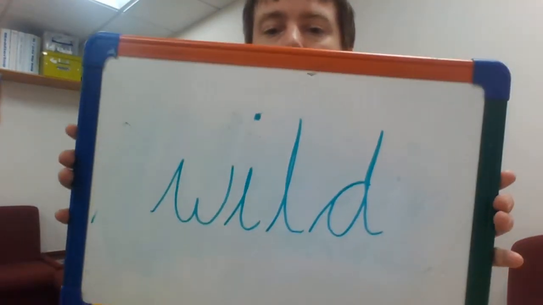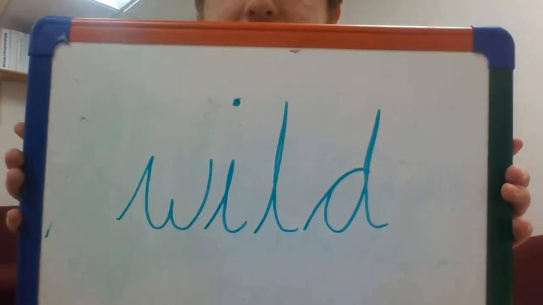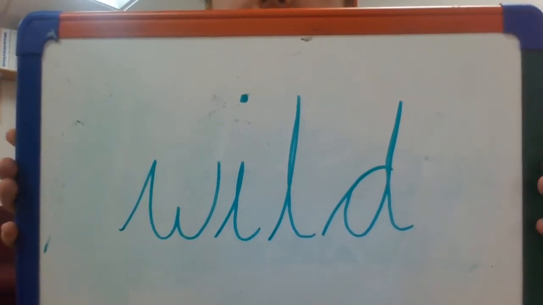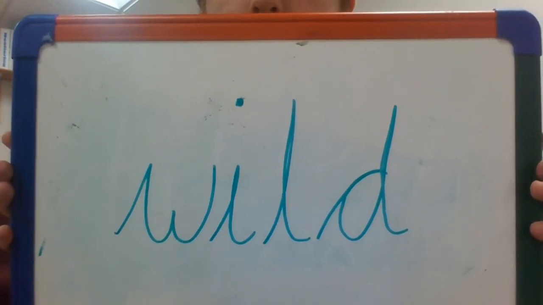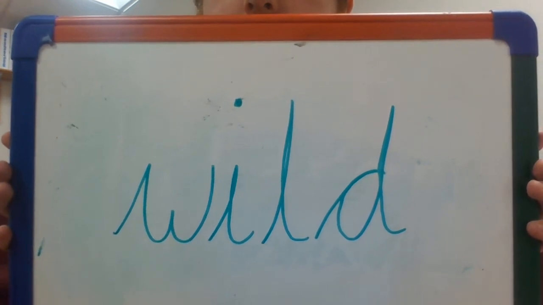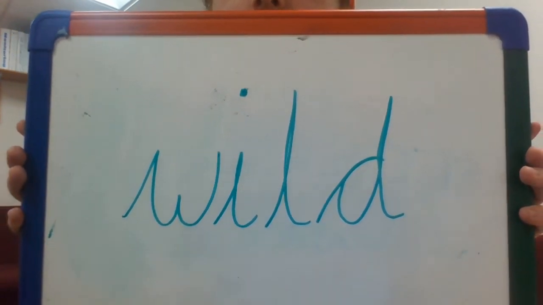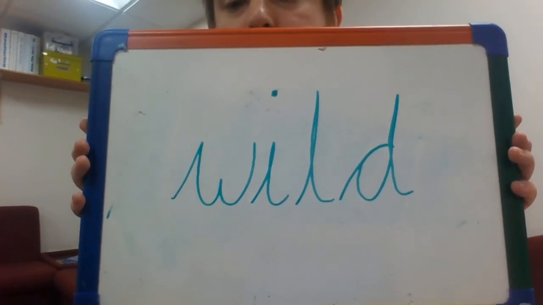It's this one here. You might be starting to see a bit of a theme with the suffixes in these words or parts of the words. Can you say that word out loud? That's right. The word is wild, which is a little bit different to children.